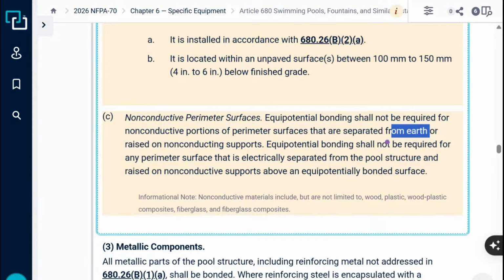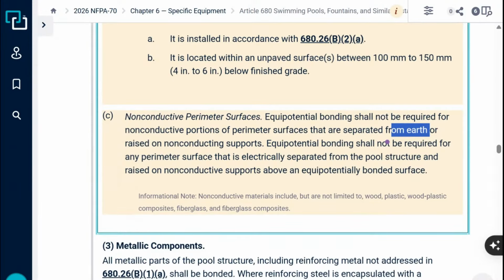Non-conducting supports, I know that would be wood. A couple of years ago, probably five years ago, I received a call from an AHJ, I think Chicago area, and he was describing this pool that was at a hotel. The pool was up on a higher floor of the hotel, or up on the roof maybe.